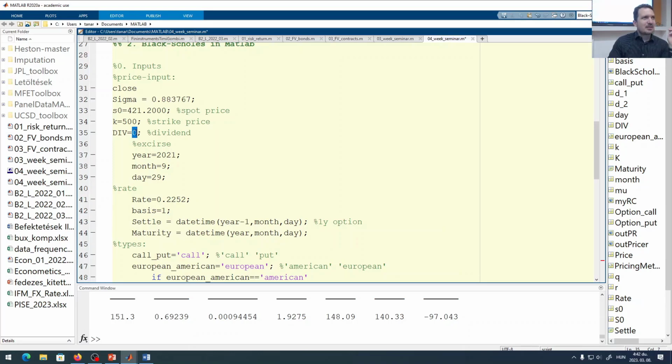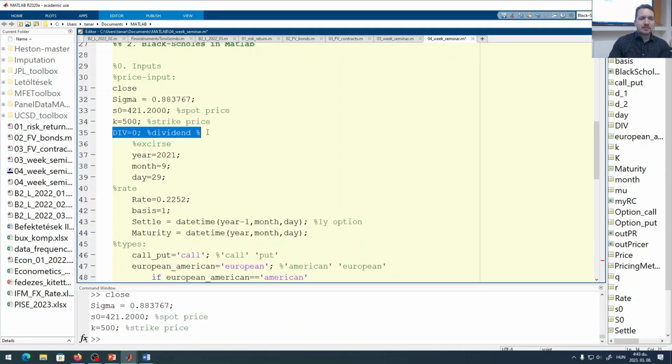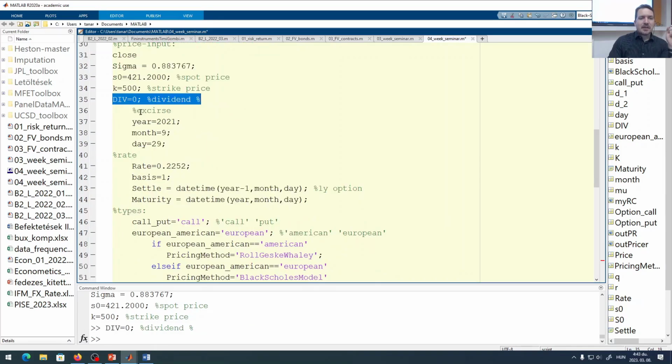So it's not a number, it's a percentage. Because if you write numbers there, it would give really strange numbers. Okay, we also have the volatility, so the sigma is the same. We have a spot price and the strike price. So the behavior is the same, just here they are small letters, not big ones. Right now let's not define any kind of dividend.